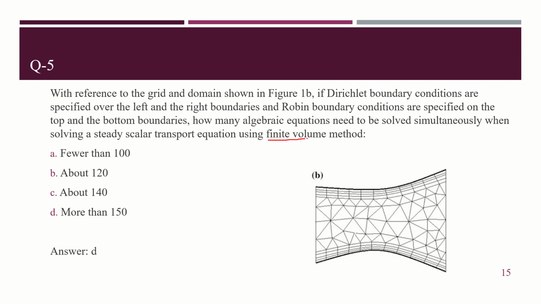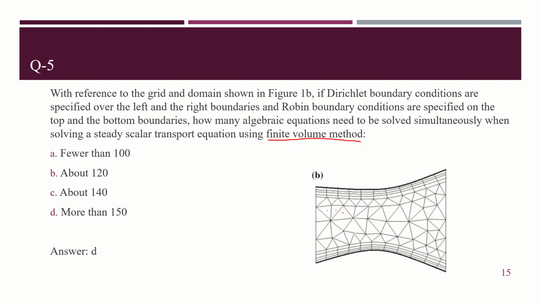Here it is an unstructured mesh, so we are going with the finite volume method, and now we need to find how many equations we need to solve. Here again we are applying Dirichlet boundary conditions near the left and right boundaries and Robin boundary conditions on the top and bottom boundaries. In the finite volume method, if you remember, we solve the equations at the cell center.